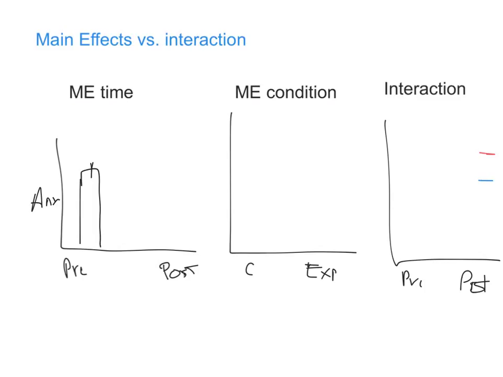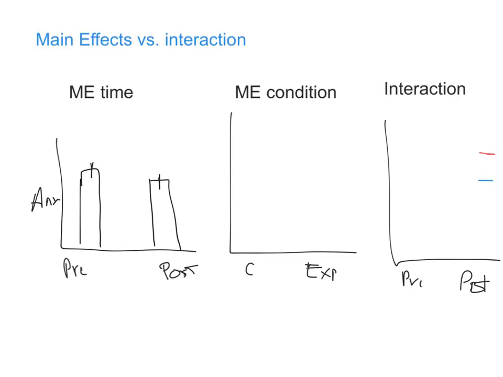And then after the imagery, now the control stayed the same, but the experimental group went down. So on average, it went down, but maybe not as much as it did if we were looking at the experimental group by itself. So we do see an overall average decrease from pre to post, but this post variable is the average of both the control and experimental because it's not looking at the other factor.